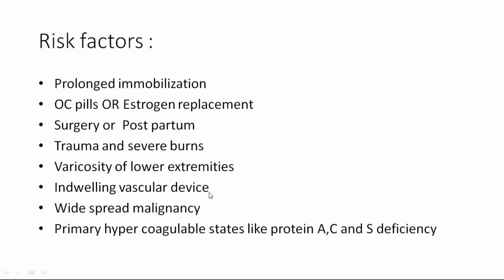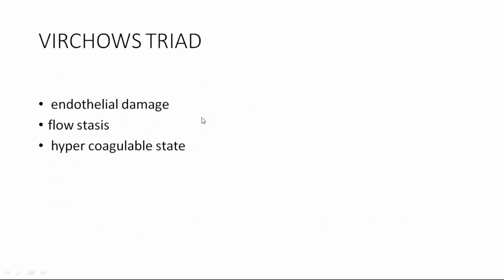Indwelling vascular devices and external agents also cause deep vein thrombosis. Widespread malignancy from surrounding structures, and primary hypercoagulable states like protein A, C, and S deficiency may also result in formation of thrombus in the deep veins.